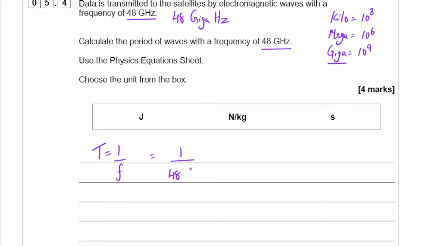How do you write gigahertz? Giga is 10 to the power 9, so you would simply write 10 to the power 9 like that. Now obviously you can write it as 48 and 9 zeros, but you could actually make a mistake there, that's why it's easier to write it like this. That will give you an answer of 2.08 times 10 to the power minus 11.